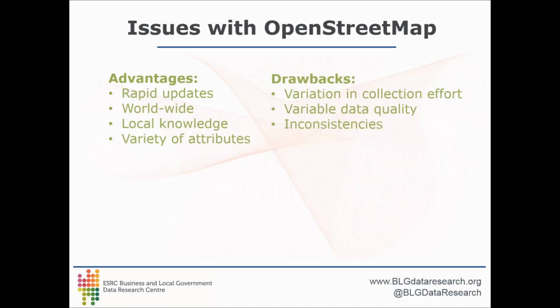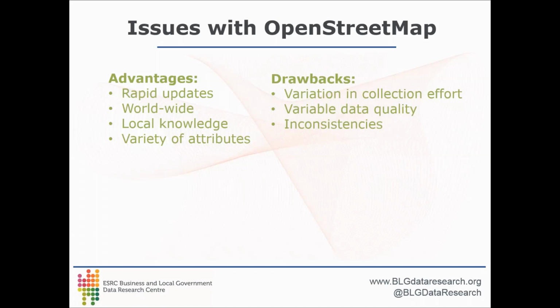However, there's some potential drawbacks that I think it's important to be aware of. With this kind of crowdsourced data, one of the key issues is that obviously you're going to get geographical variations in collection effort.